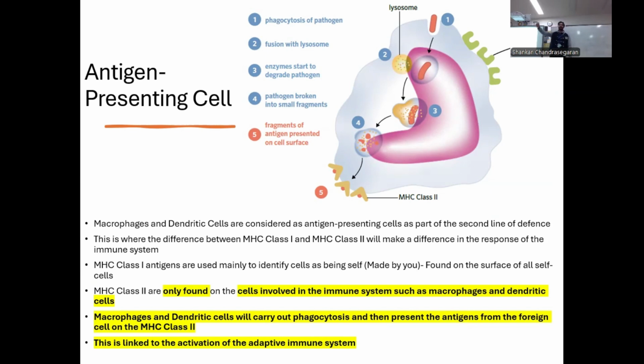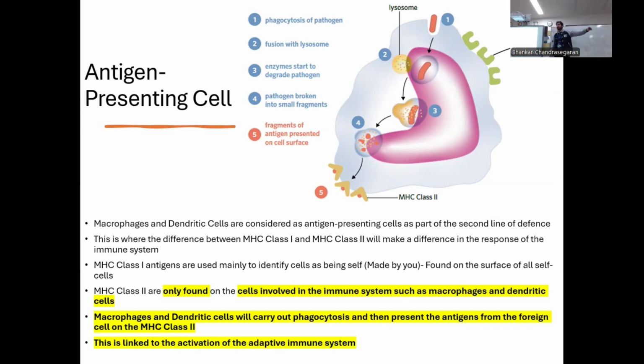Okay, this is a self-identification marker for our own cells, right? All of our cells have the same MHC class 1 marker, so all of them will be recognized as being our own cell.